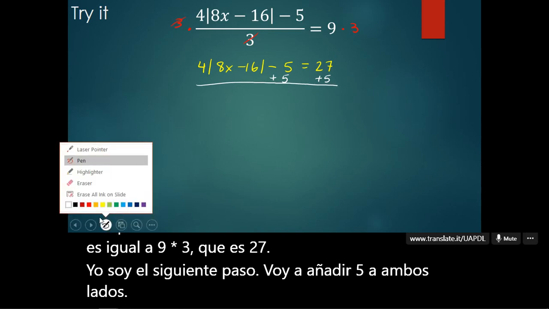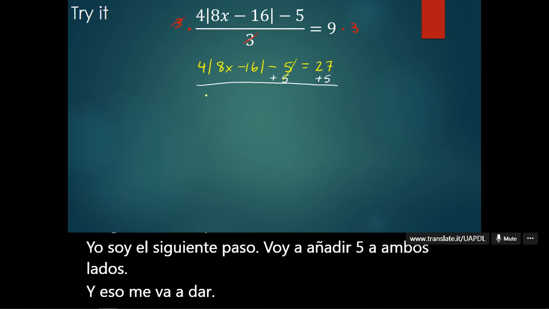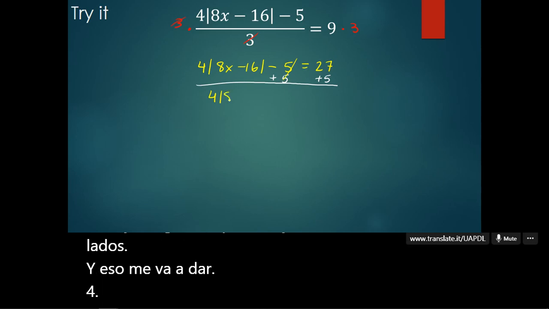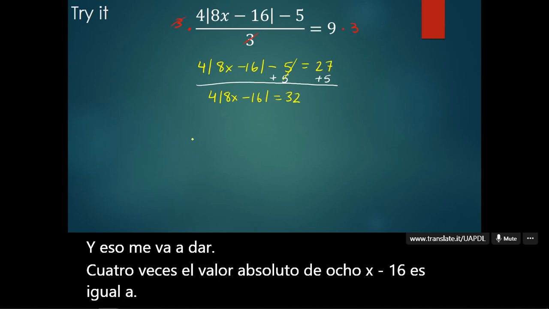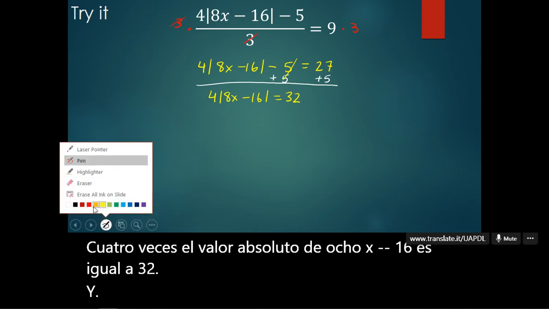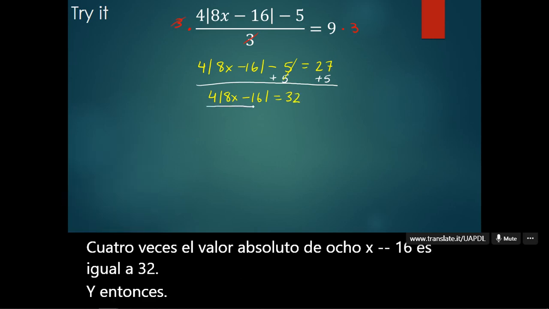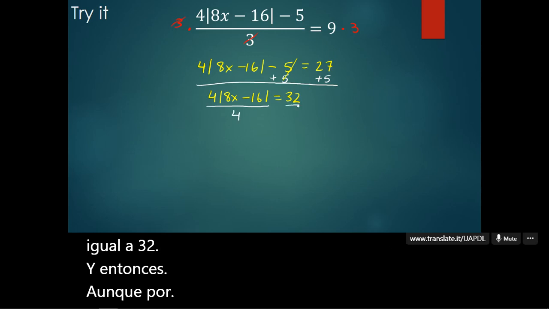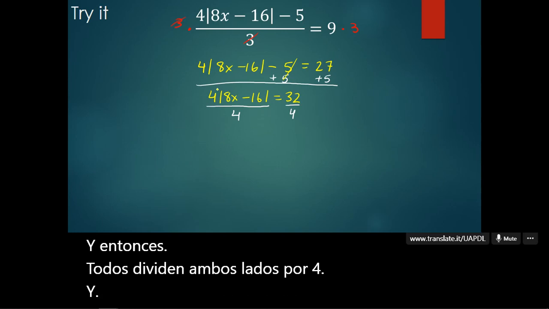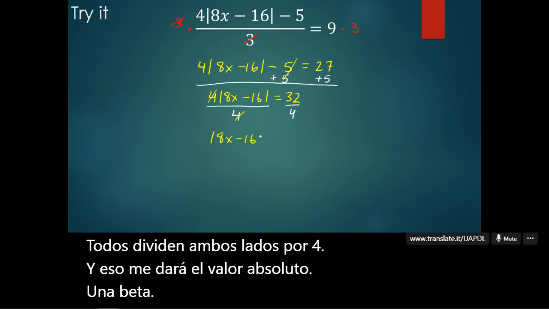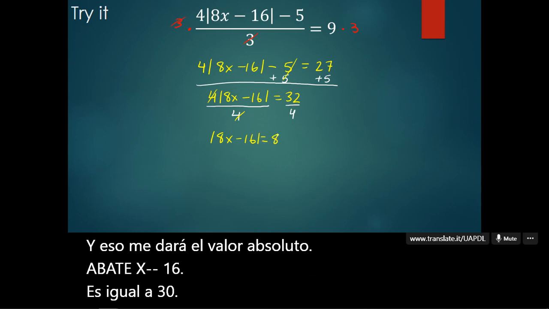And that's going to give me 4 times the absolute value of 8x minus 16 is equal to 32. And then I'll divide both sides by 4. And that'll give me the absolute value of 8x minus 16 is equal to 32 over 4, which is 8.